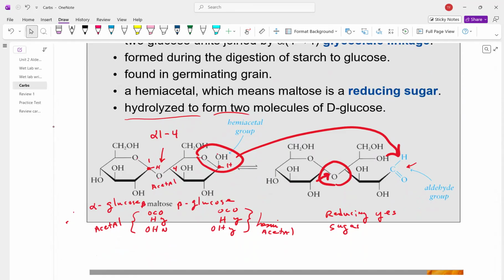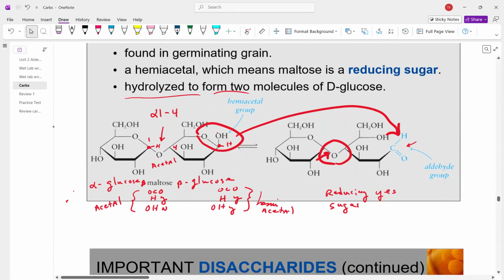When it opens up, it exposes the aldehyde. When it closed, it's a hemiacetal. The one on the left, though, is now no longer a hemiacetal, but a full-blown acetal. That cannot open up. That stays cyclic.